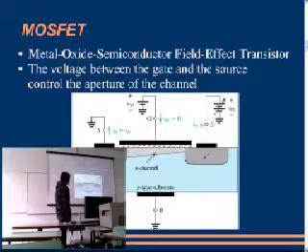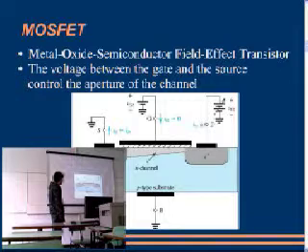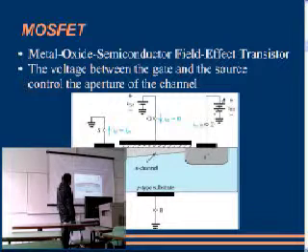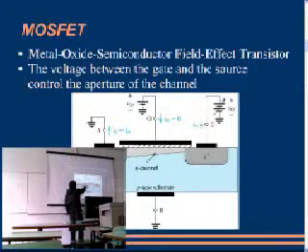Here is an explanation of how a MOSFET transistor works. We basically have a P-type substrate of silicon, and the source and the drain with another type of silicon, the N-type. We have here an insulating material, silicon oxide, and we have the gate.